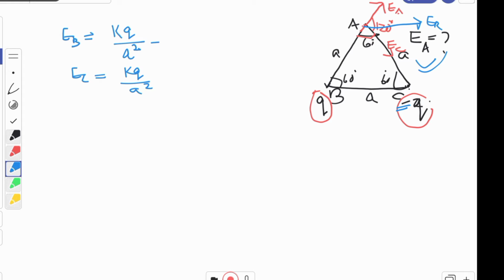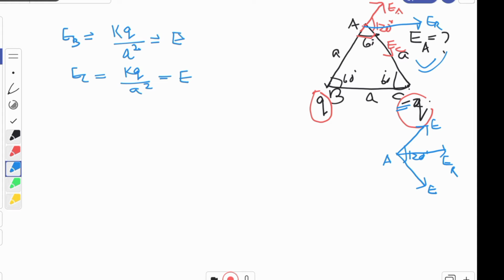So to make it simple, we'll consider it as E. If it is E, then it is also E. So one vector is like this, E. Another vector is like this, E. And the angle between them is 120. And the resultant we are interested in, that is EA or ER.